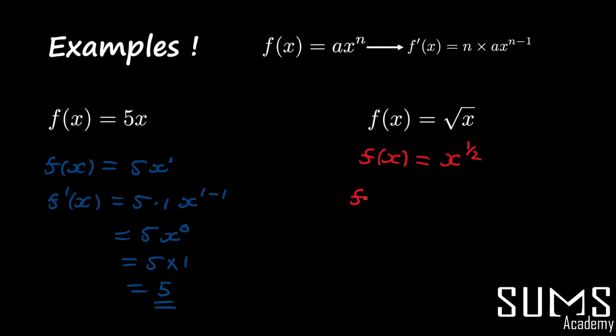So we have f dash x, times by that power, equals 1 over 2 times x to the half minus 1. So this would actually go to minus a half. So this becomes 1 over 2 x to the negative 1 over 2.